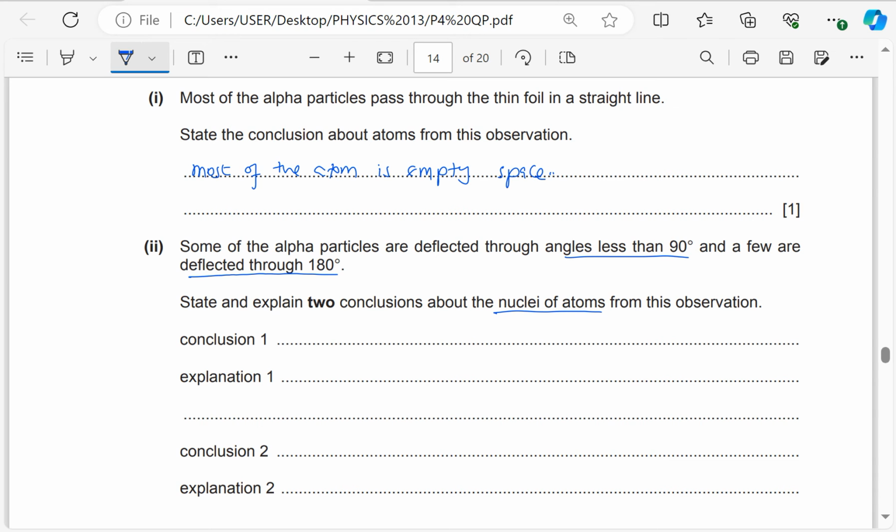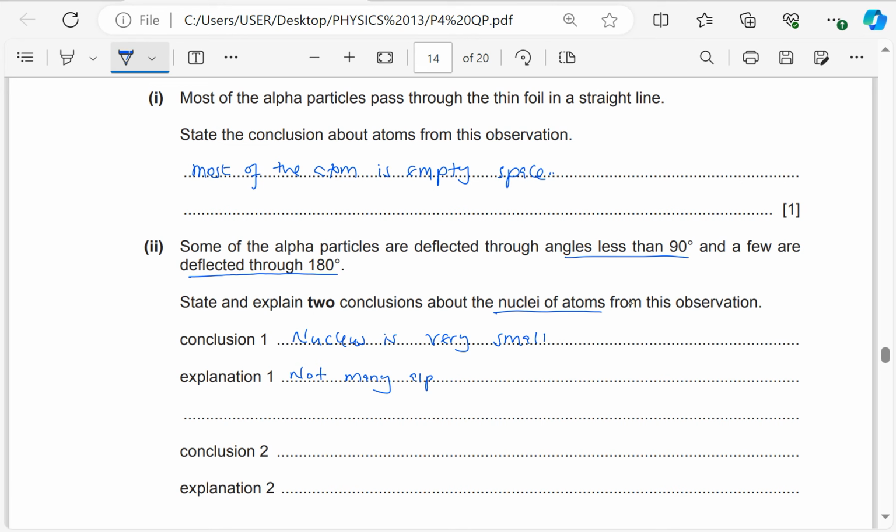The few particles deflected means many of them do not come close to the nucleus, so the nucleus is very small compared to the atom. That's why very few are deflected. The reason is that only a few alpha particles pass close to the nucleus.